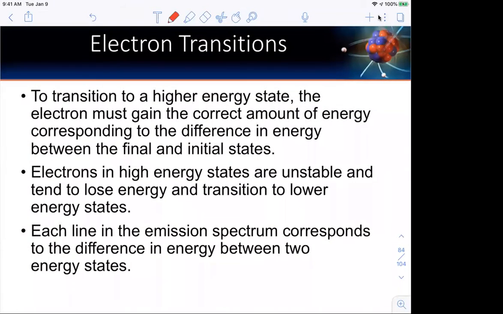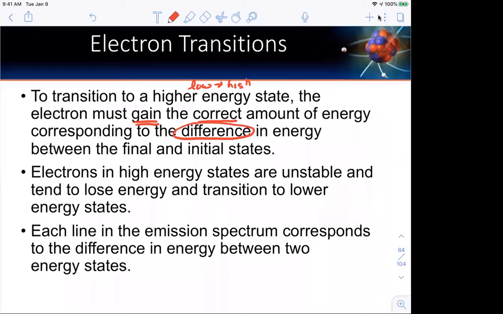So to transition to a higher level, if I want to go from low to high, I have to gain exactly the amount of energy that is the difference in those energy levels. Electrons in high energy states are unstable.